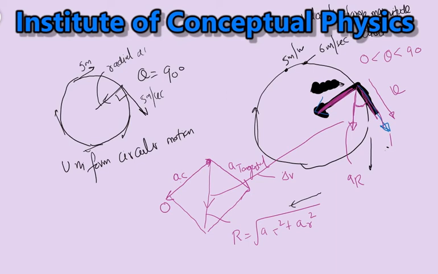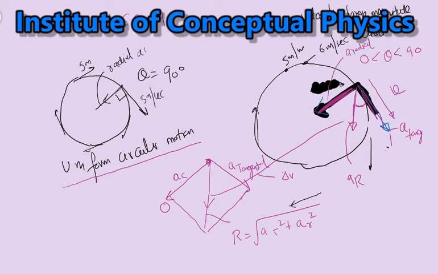So be careful. Uniform circular motion, which we have covered in detail, has the angle between velocity and centripetal acceleration to be 90 degrees. And in non-uniform circular motion, the angle reduces because you have another component called A tangential, and this is your A radial.